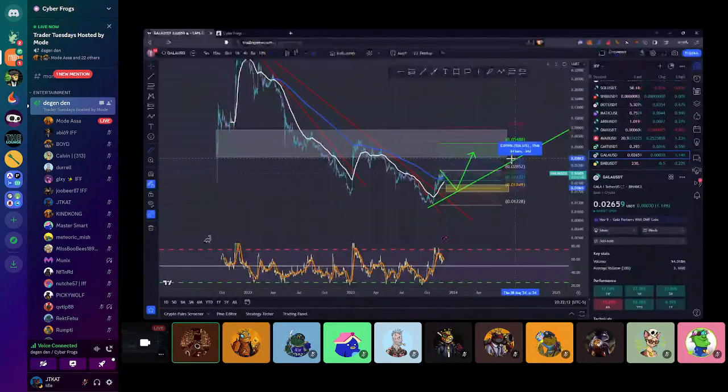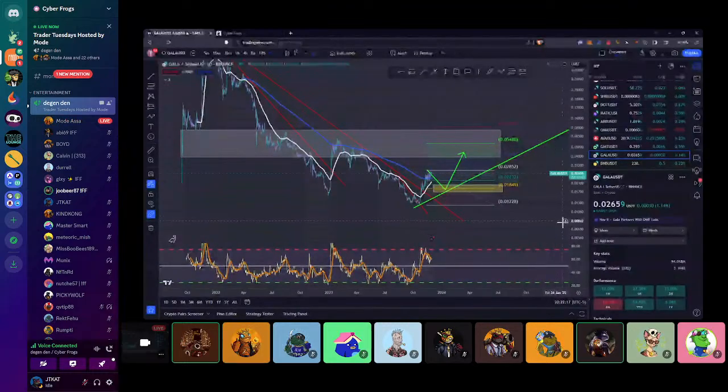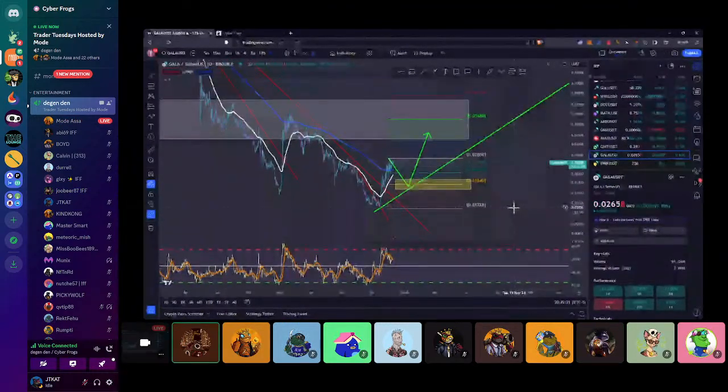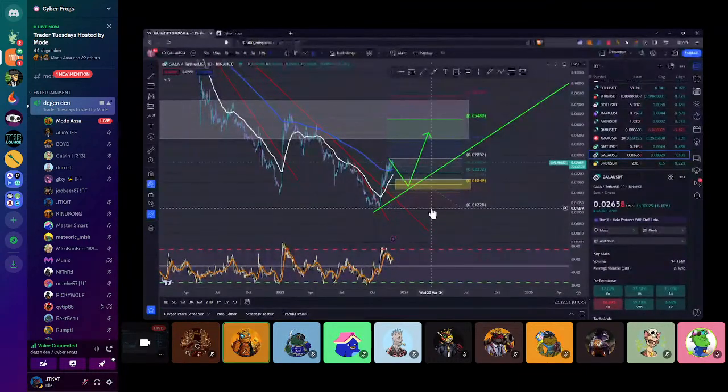Hey, Mode, are your fib colors custom? I kind of want to incorporate fibs in my TA, just as a brief overview at some point. They are custom. And the only reason I have them the way that I do, I have my white lines because they're very easy to see, right?